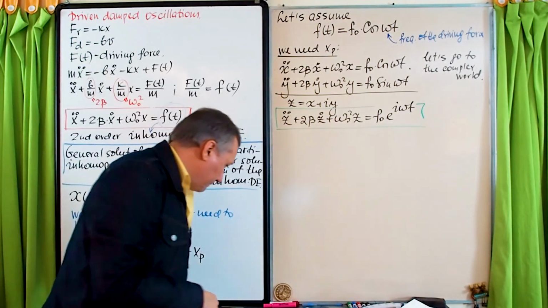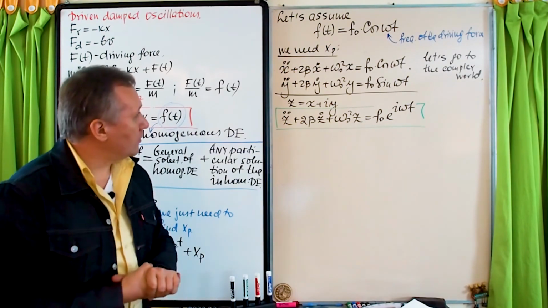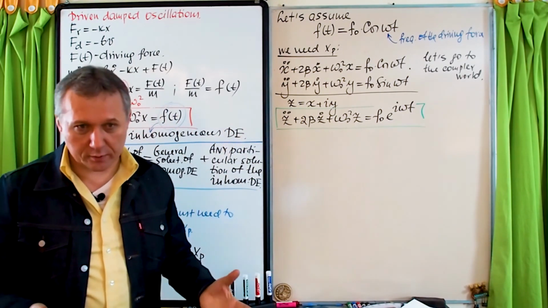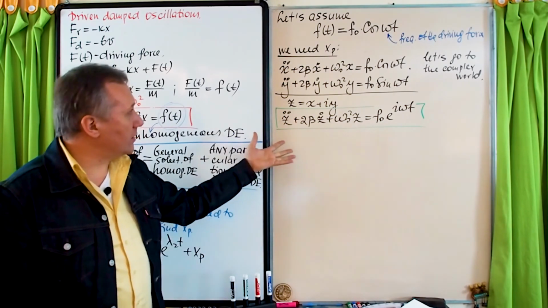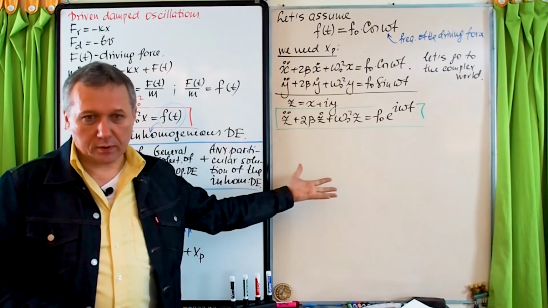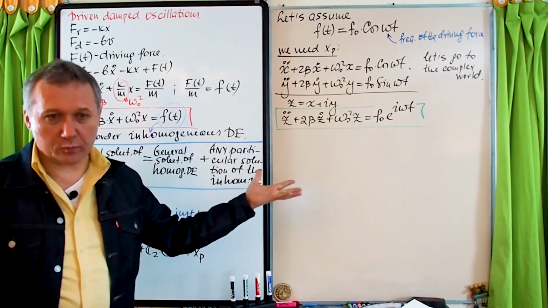So let's stop at this point. Now we just need to find any particular solution. We can search for a particular solution in this form, and it's obvious which form we're going to try.